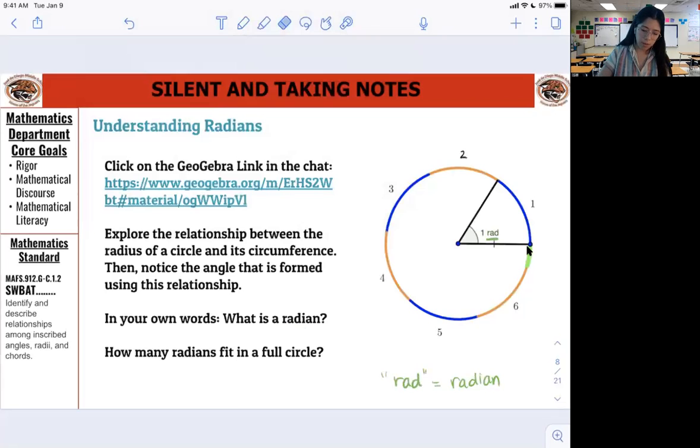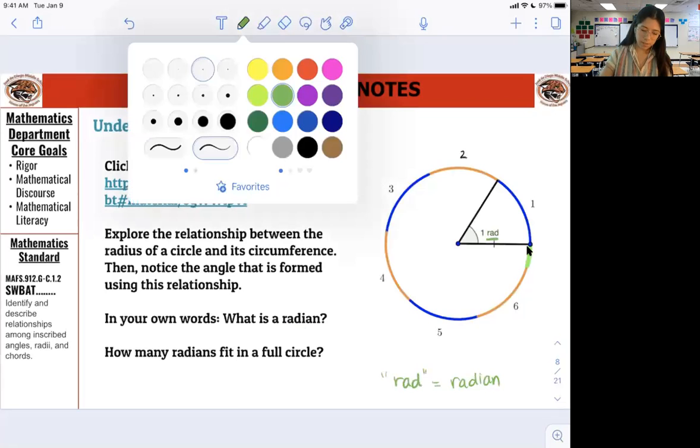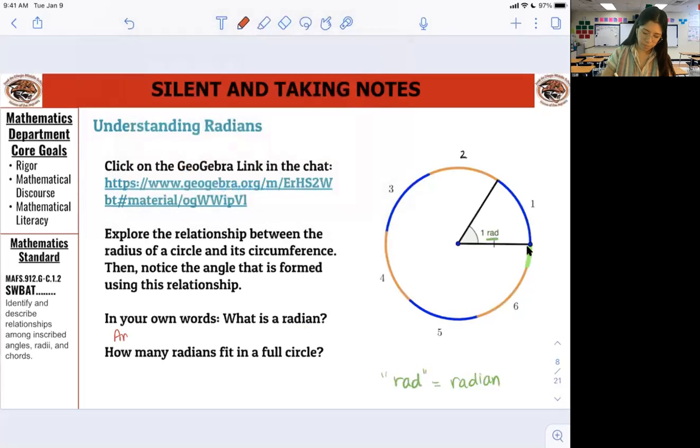So a radian is the angle formed by wrapping the radius around the circumference 1 time.